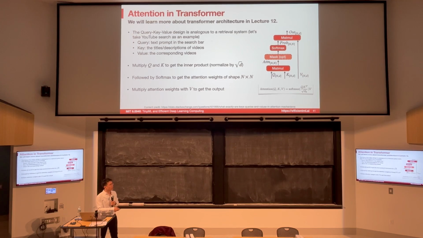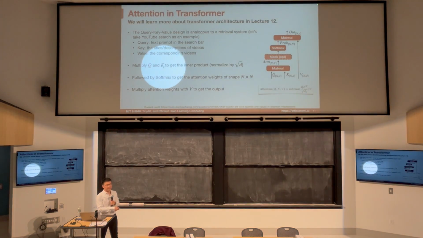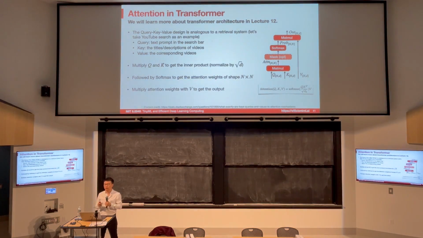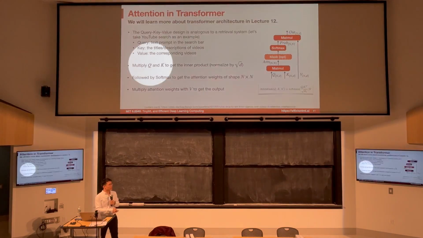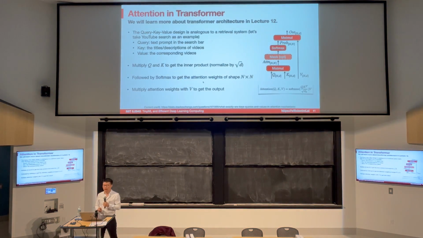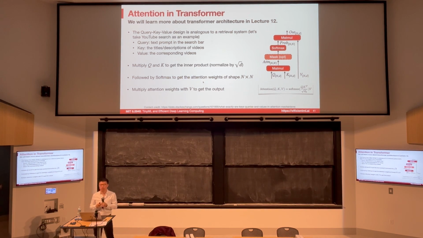And remember, we want to divide the Q and K by a normalization factor, which is square root of d, to accommodate for the dimension change to make the optimization more stable, followed by the softmax to get an attention map, an n by n attention map, and use that attention map to do a weighted sum of the value.